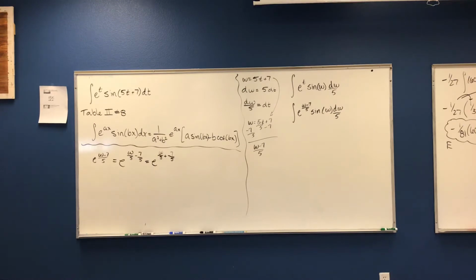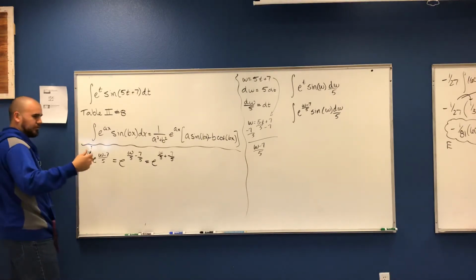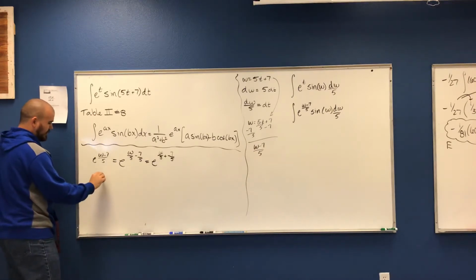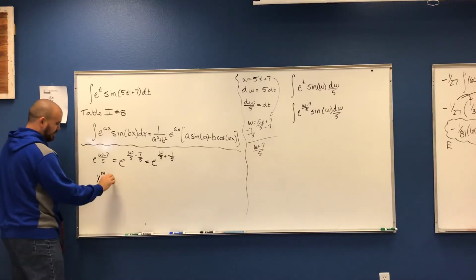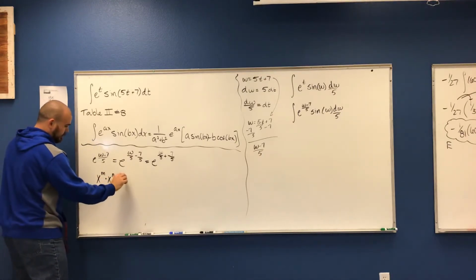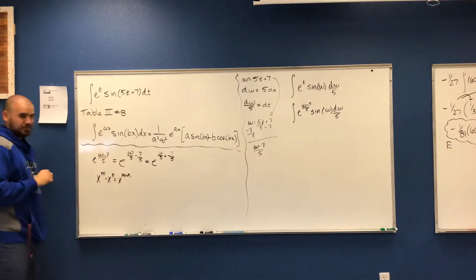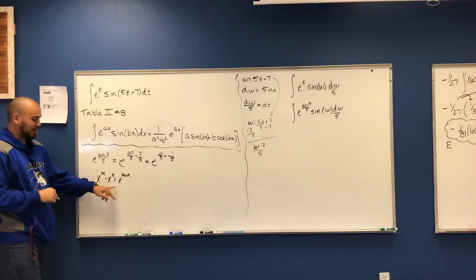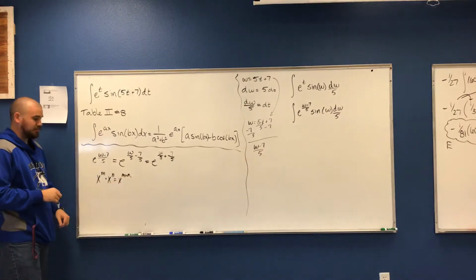And then let's also recall, if you go way, way back into algebra, you would have remembered that if I have x to the m times x to the n, that should result in the sum of my exponents, which means that if I have e to some power times e to some power, I can write e to the sum of those exponents.